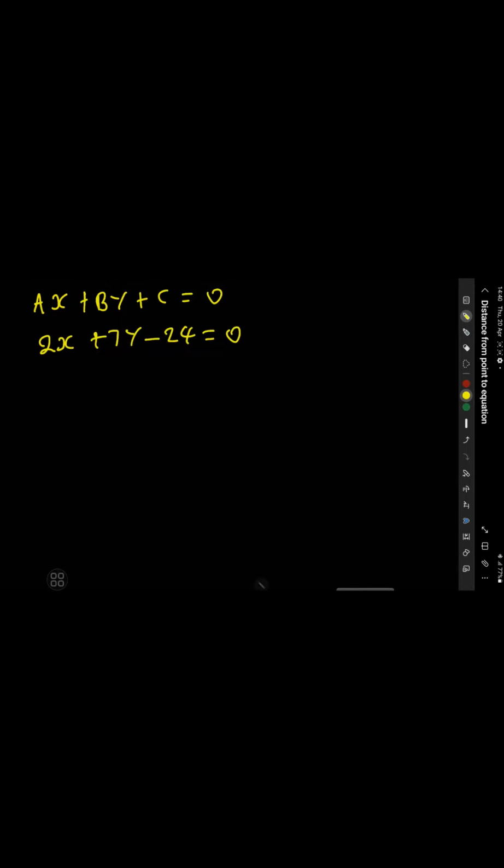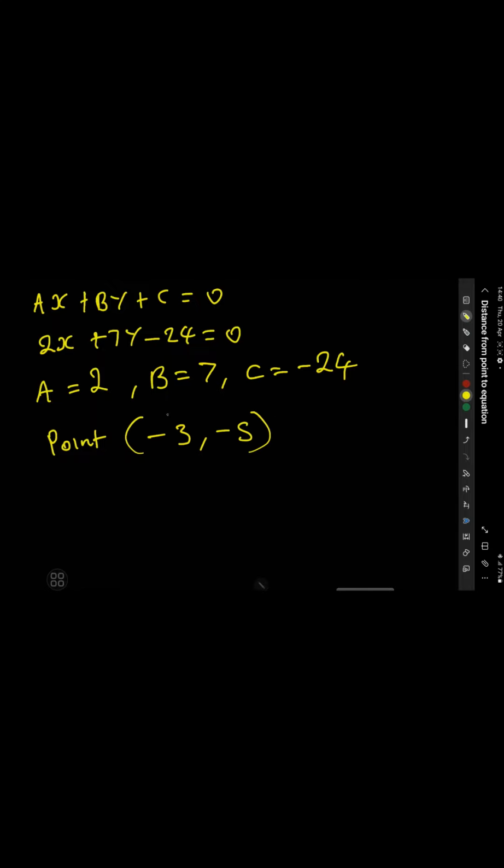So we'll just get the coefficients: our a is 2, the coefficient b is 7, and our c is the constant, so c is negative 24. Then we already know our point is -3, -5, representing x1 and y1. So with this information we can now replace everything in the distance formula I gave you, and solve it.